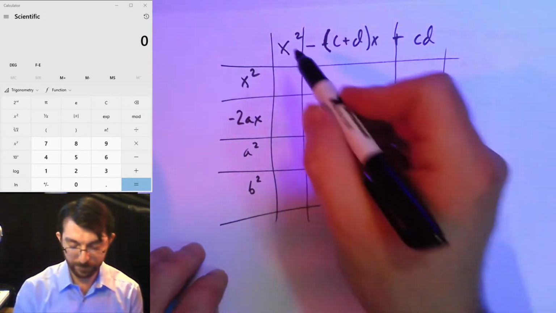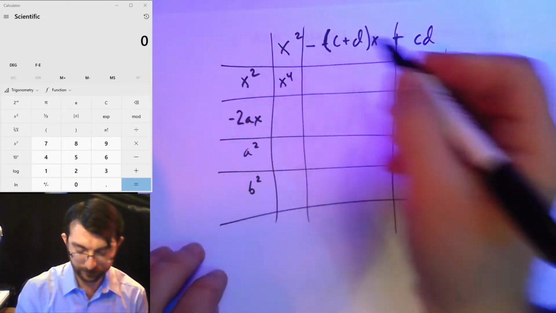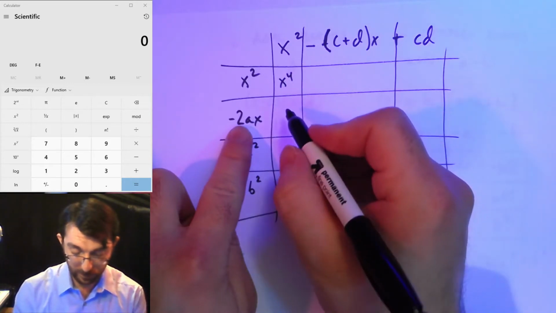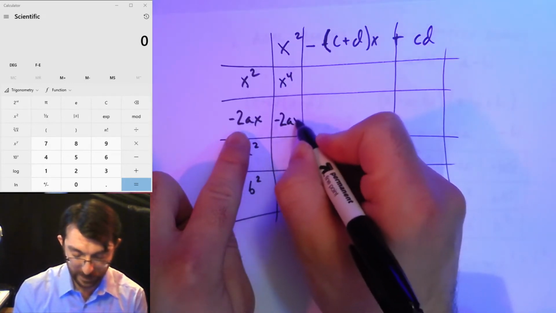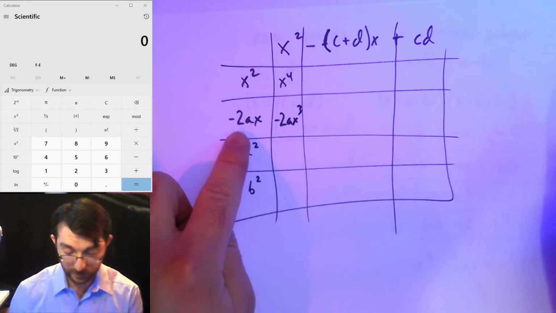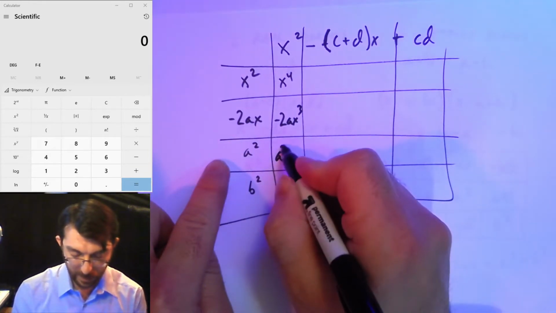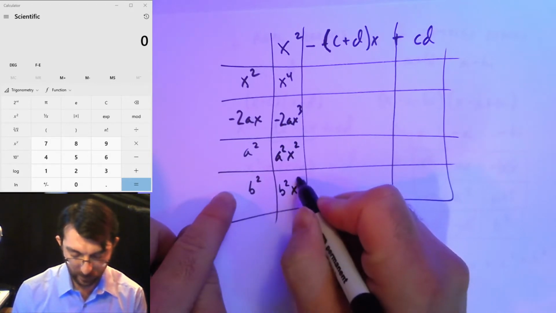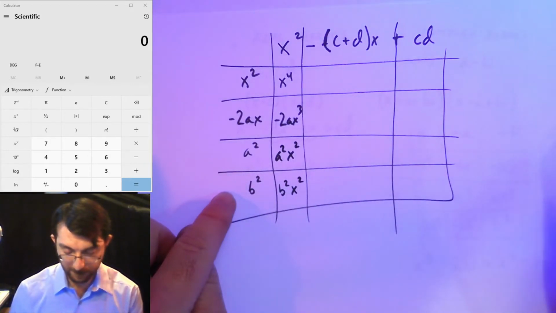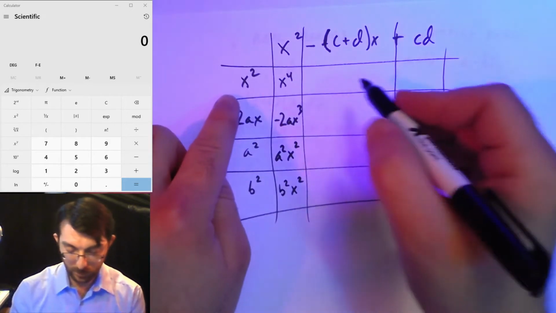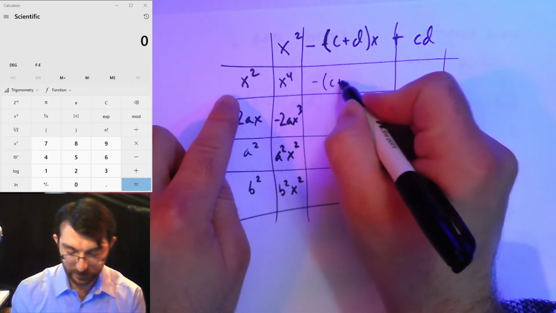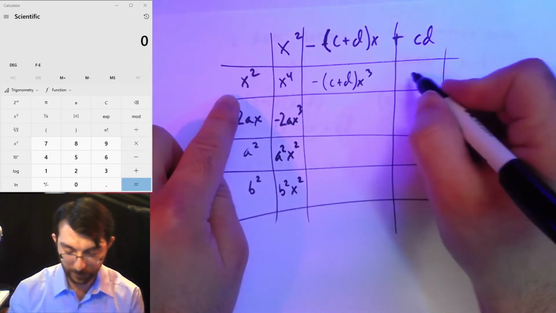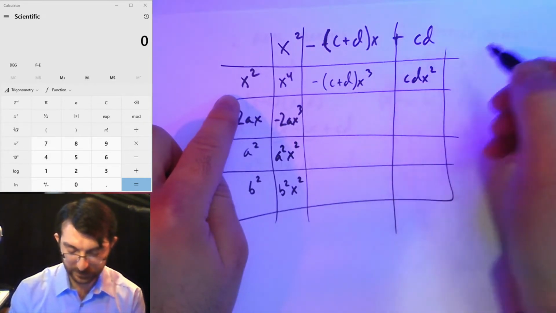Oh boy. X to the fourth. Would be minus 2ax cubed, a squared x squared, b squared x squared, minus c plus d x cubed, cd x squared.